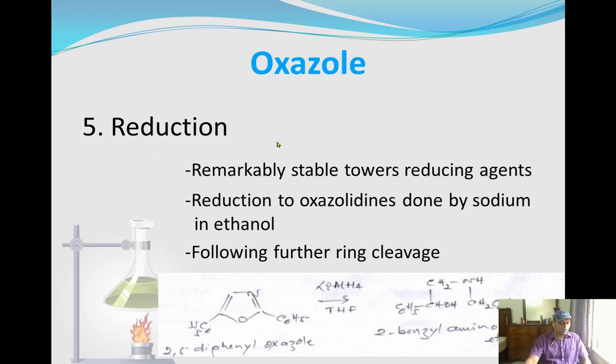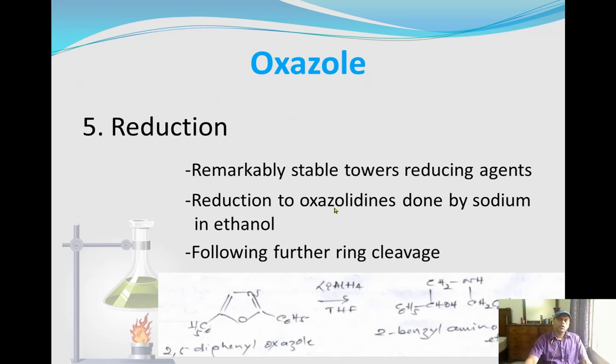Alright, the next one is reduction. Reduction is the reverse of oxidation. So what is going to take place here? Oxazole is remarkably stable towards reducing agents. So it is going to stand still. It's not going to break with the reducing agent. A reduction to oxazolidines is done by sodium. In drastic conditions, you can do the reductions.